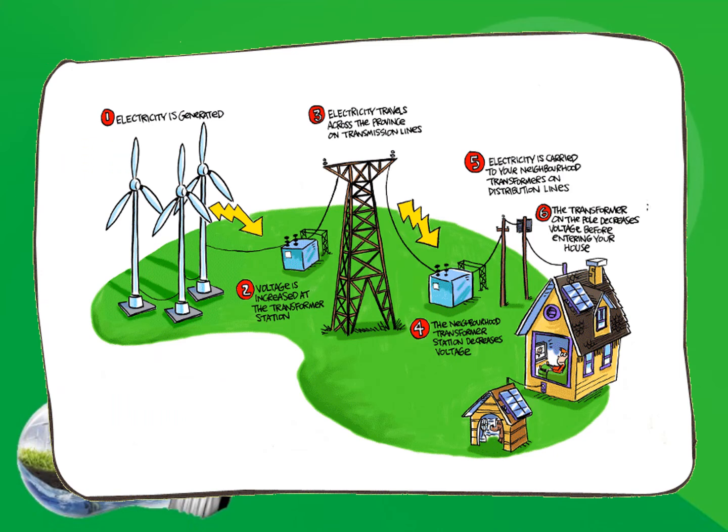Now let me show you another presentation on how electricity reaches our homes. So here, it shows that electricity is generated in the wind turbines. Do you still remember our lesson yesterday? Great.